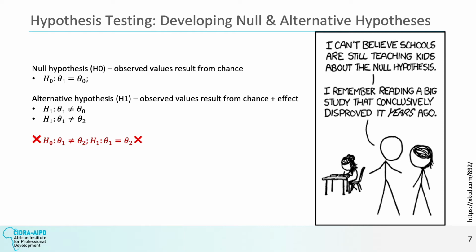Instead, we are saying we believe we can reject the null hypothesis in favor of our alternative hypothesis. Therefore, we are not conducting equivalence tests in which we prove that a parameter is equal to a predefined value, or that two parameters are equal. While we won't be covering equivalence tests in this course, you can investigate them more on your own.